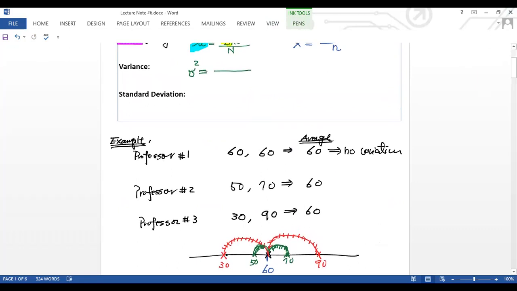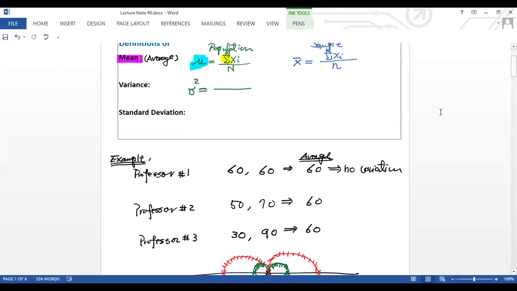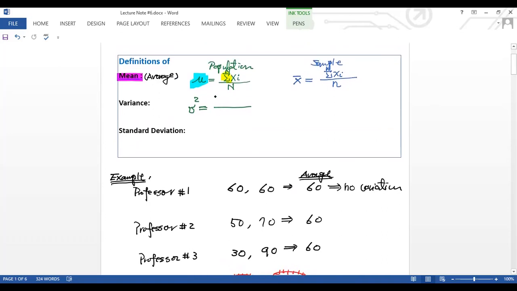We want to assess the differences from each individual to the average, right? So that's why my formula looks like this: each individual Xi minus the mean.